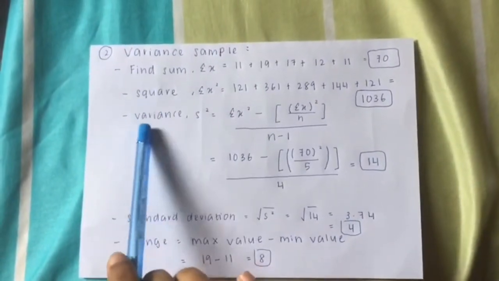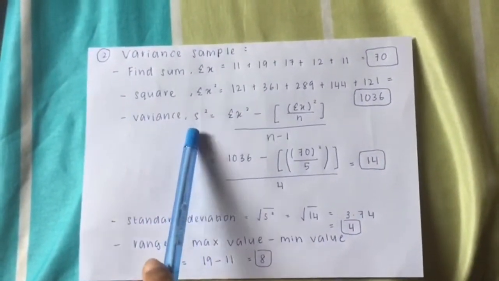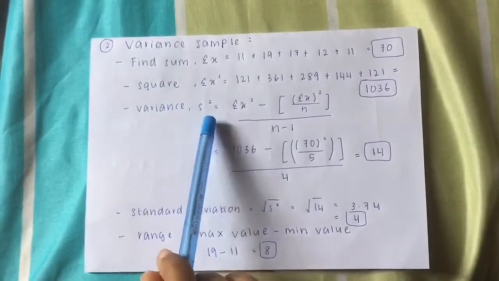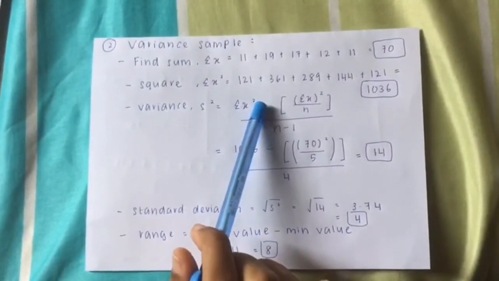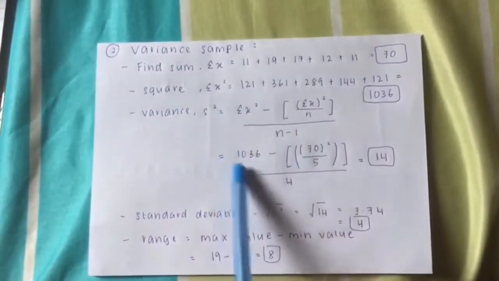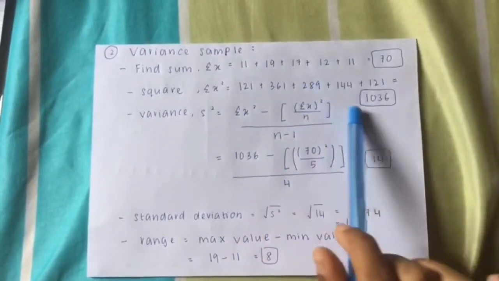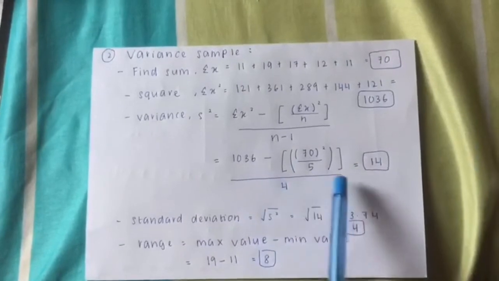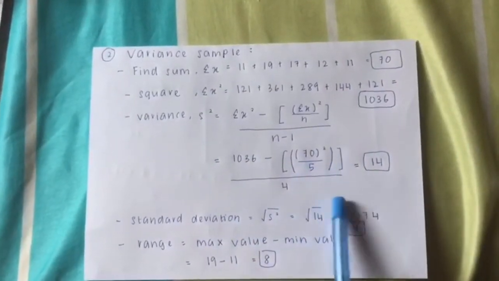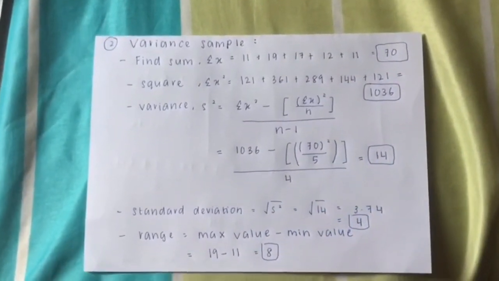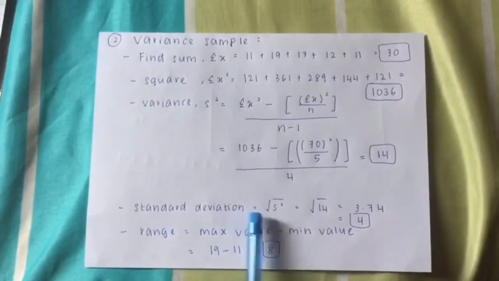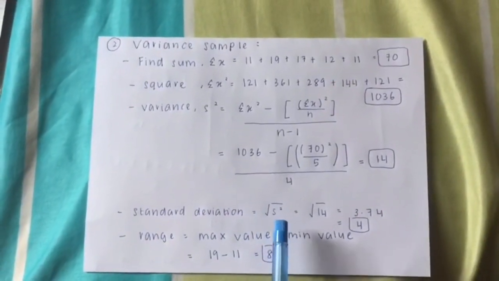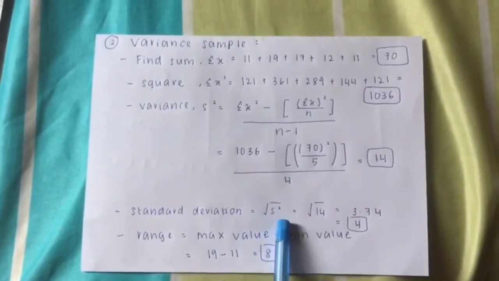So for the variance, s squared equals the x squared formula. We just put in all the data that we have calculated before. So we get 14. For the standard deviation, that is the square root of s squared.